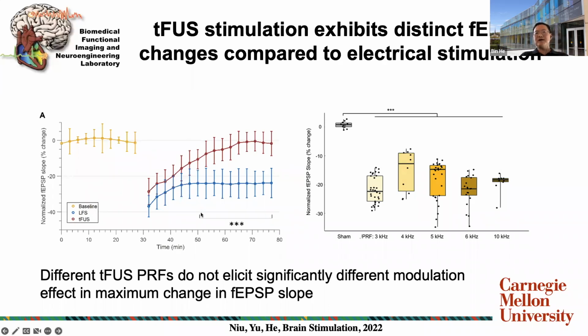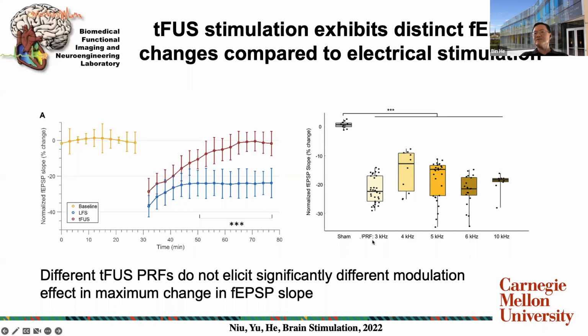What we found is that for 24 minutes, the ultrasound exhibits a similar long-term depression effect. After 24 minutes, this essentially returns back to baseline. And basically there's a big difference between this LTD caused by electrical stimulation versus that caused by the ultrasound.